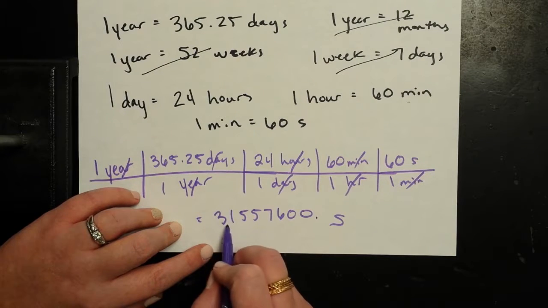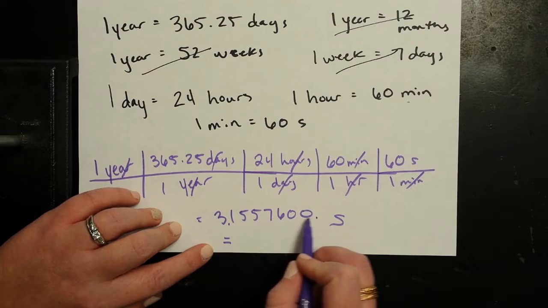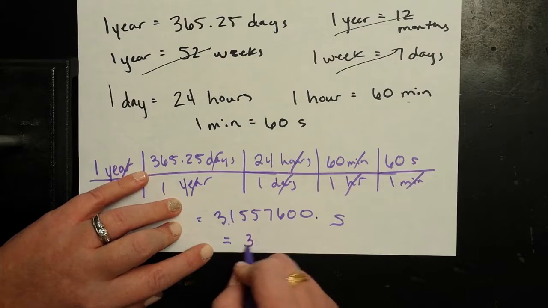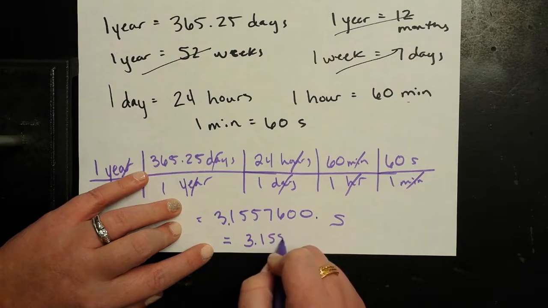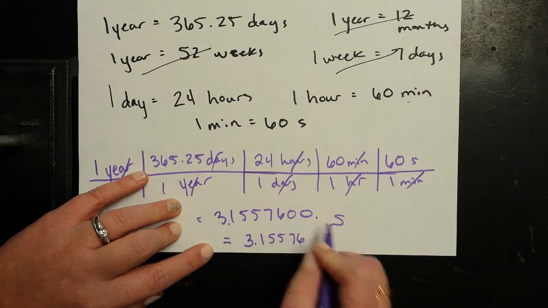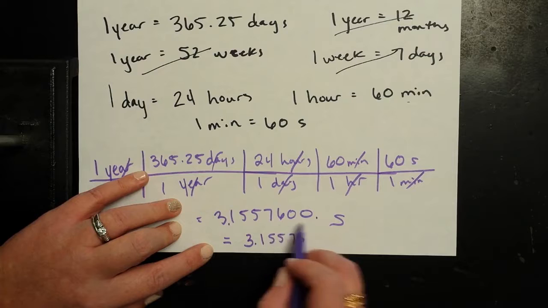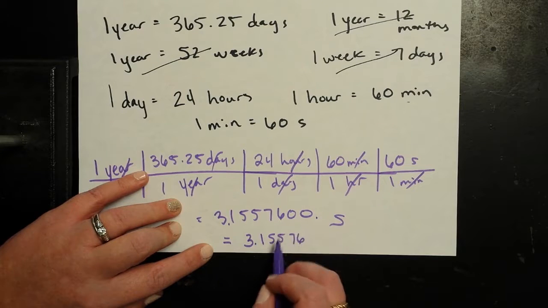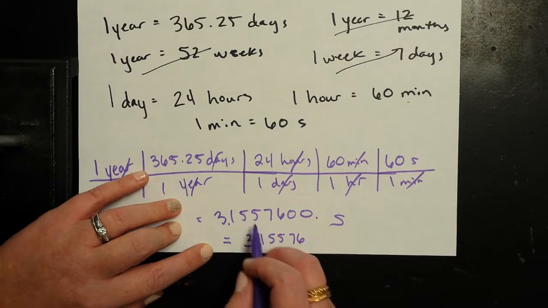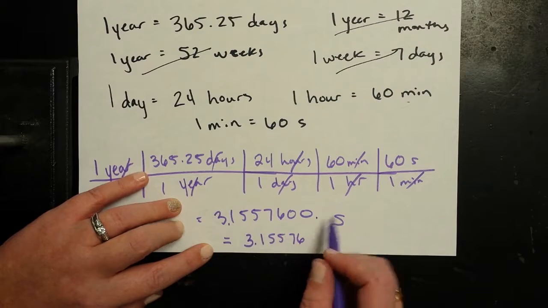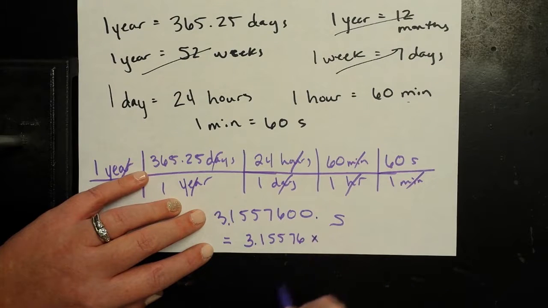Okay, I know 3.15576 is a number between 1 and 10. Okay, those zeros are just placeholders, so I'm going to leave those zeros off. This is really looking at something called significant figures here, but we won't worry about that for right now.